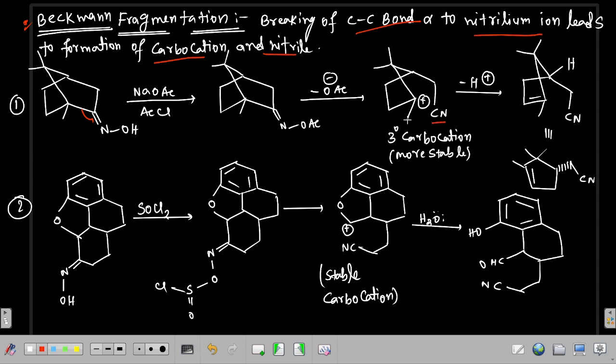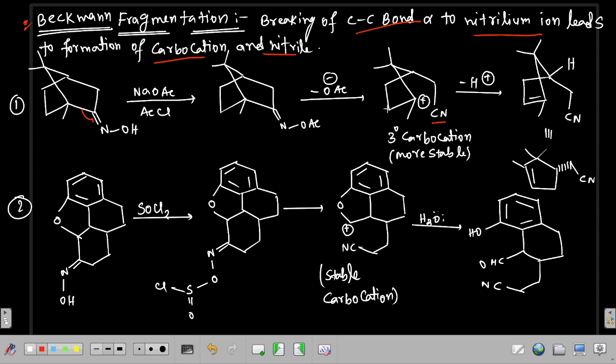There is a reason this bond is breaking: it forms a stable carbocation, a 3-degree carbocation, which is more stable.